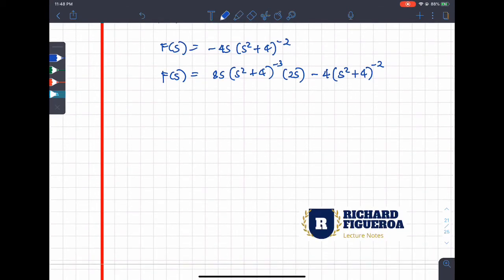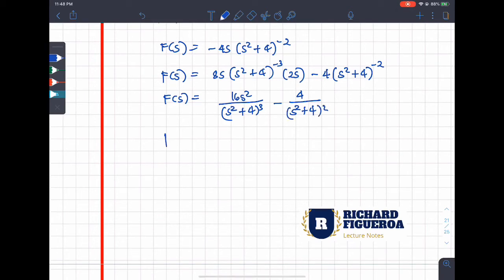Thus giving us F of s equivalent to 16s squared all over s squared plus 4 raised to 3, then minus 4 all over s squared plus 4 raised to 2. So combining the two, we have s squared plus 4 raised to 3 as the denominator.